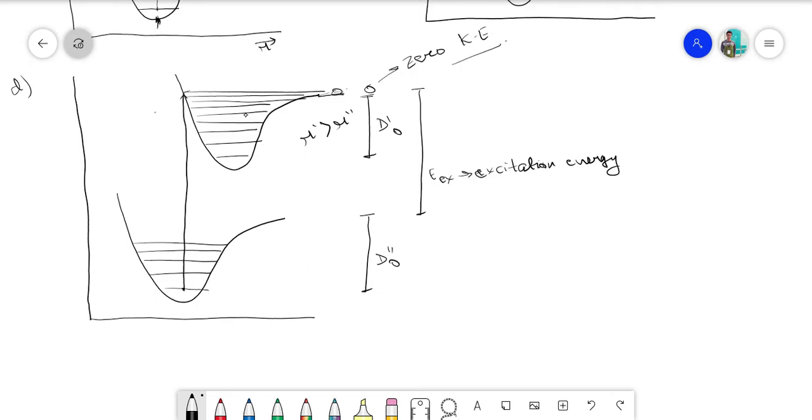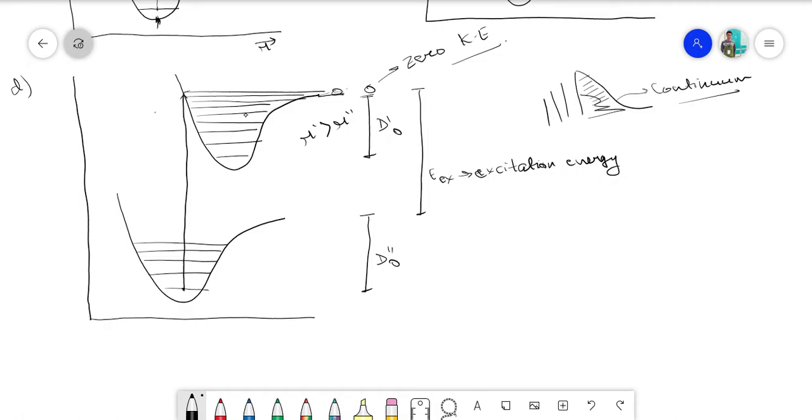And what does the spectra look like? The spectra will have peaks, and after a certain peak, there is a continuum. Okay, this is the continuum. Continuum means the energy continues. Why is that?